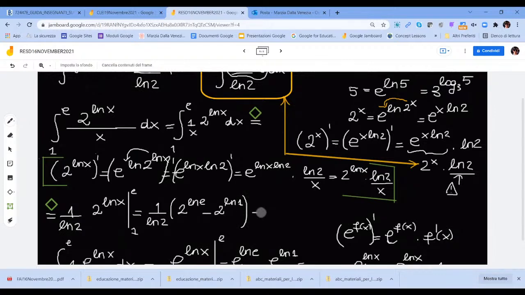So you have logarithm of 2 as the denominator, so 2 to the power of 1, it is 2, minus 2 to the power of 0, 2 to the 0 is 1, so it is 1 over logarithm of 2. This is the result.